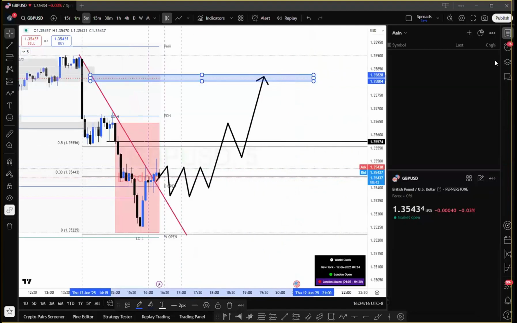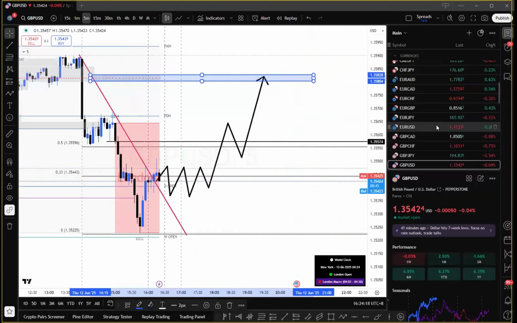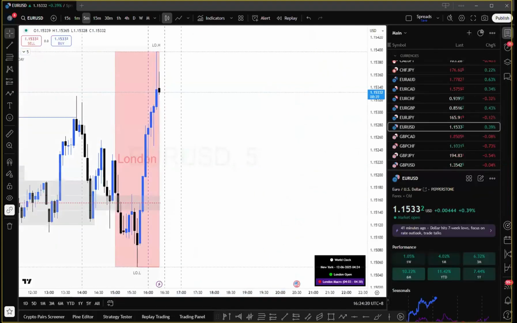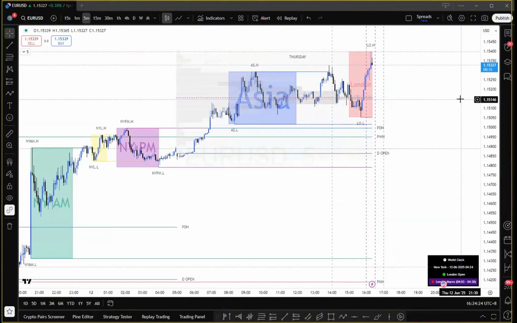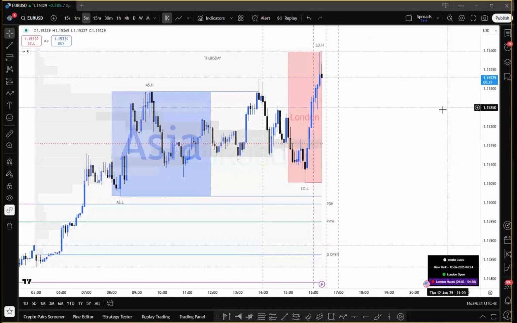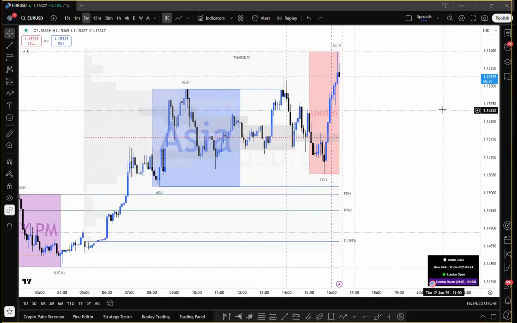Okay. This is pound dollar. Euro dollar is moving a lot more. Or in fact, it was not affected by that sell-off in the afternoon. Okay, so euro still holding strong.